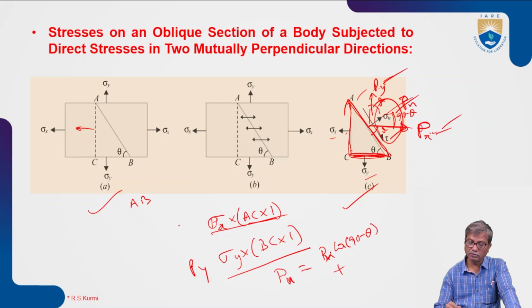And you have the normal component of Py also, and both are in the same direction, away from the face. So Py cos theta. So Px cos 90 minus theta is Px sin theta, plus Py cos theta. That is the normal component of force.